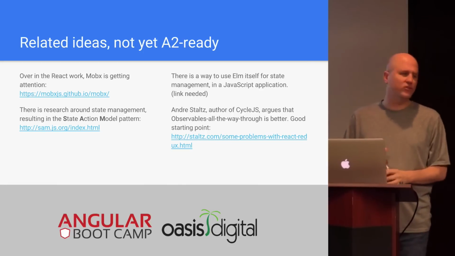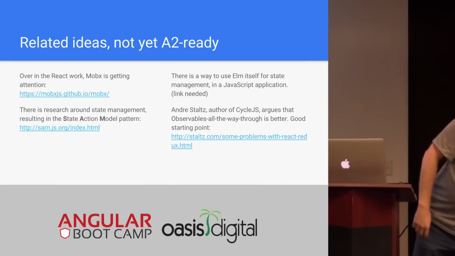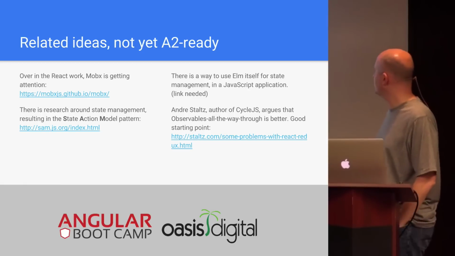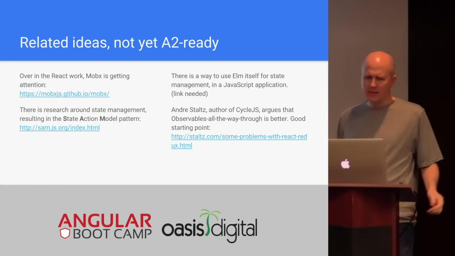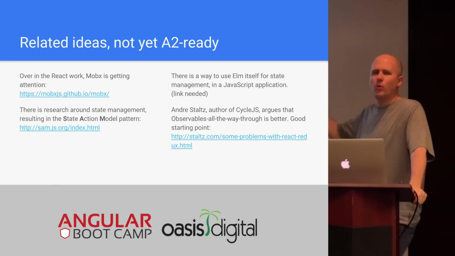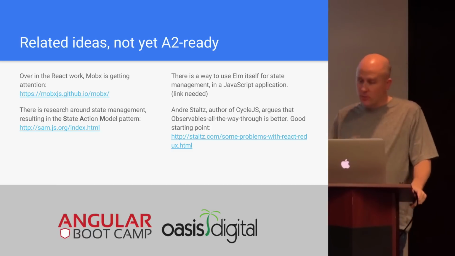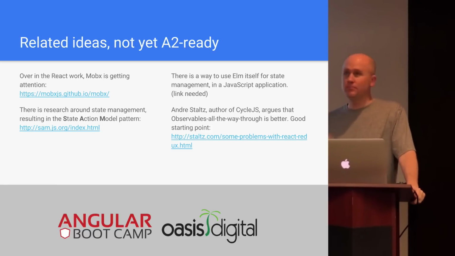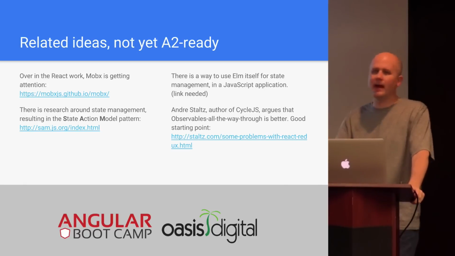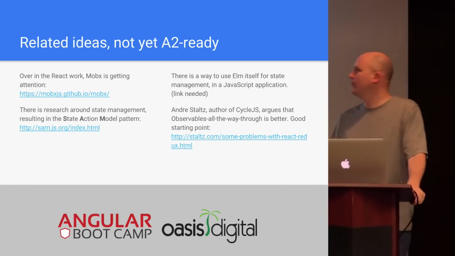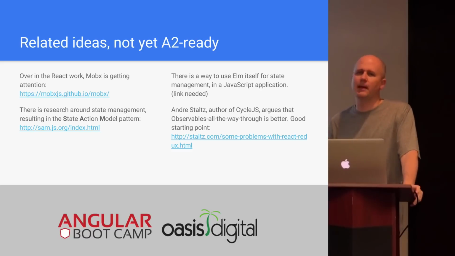And I would encourage you to watch any talk of his you come across. Really, really sharp guy. He argues that we actually have a lot of things we don't need in these things, and that observables really get us most of what we need to manage state, and that you could think of the entire state of an application as an observable function of the inputs to the application.